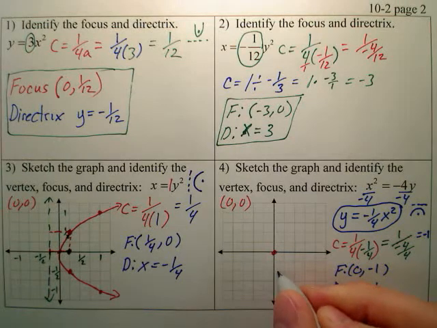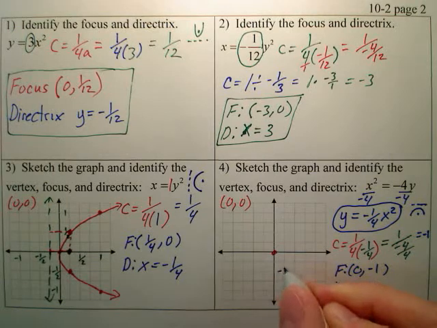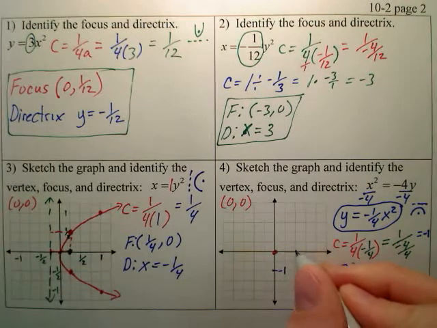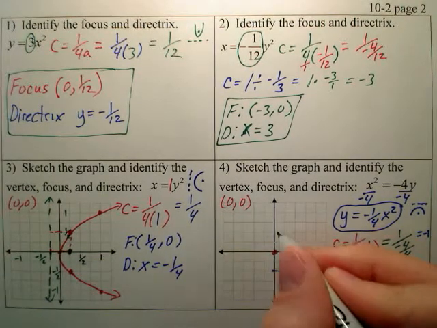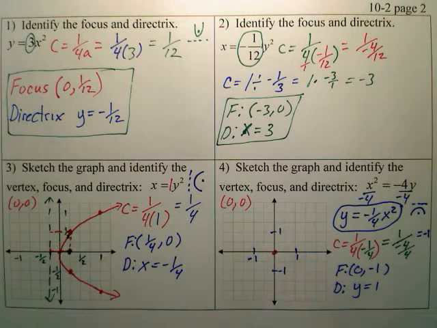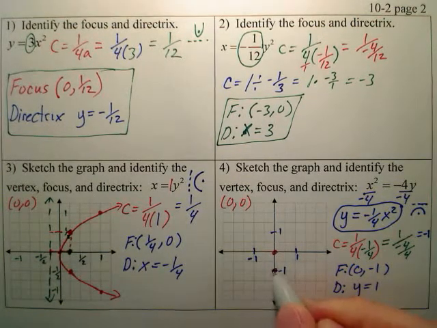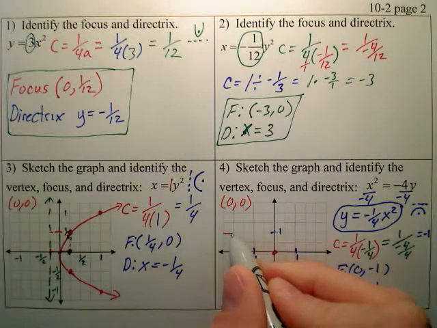So this is going to be a half, this is negative 1, going every other. This one's going to be positive 1, and the other is negative 1. So we're going every other instead of quarters. Anyways, from there, I want to put my focus. My focus is (0, -1), so this is going to be my focus. My directrix is going to be right there.